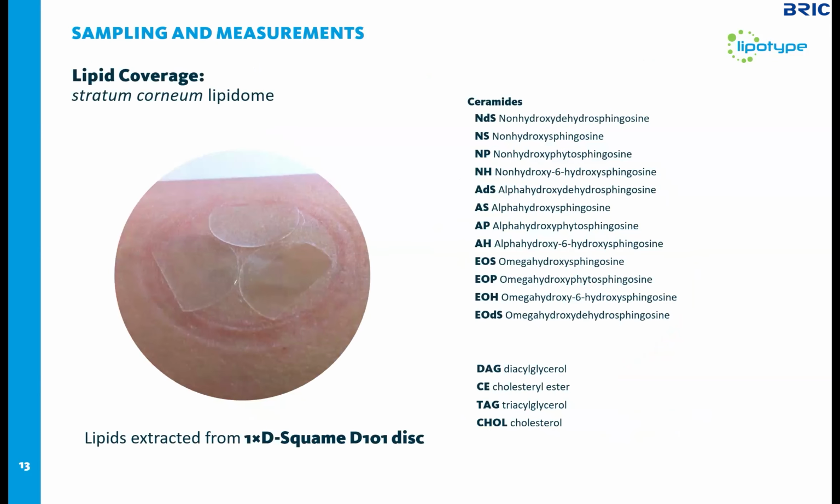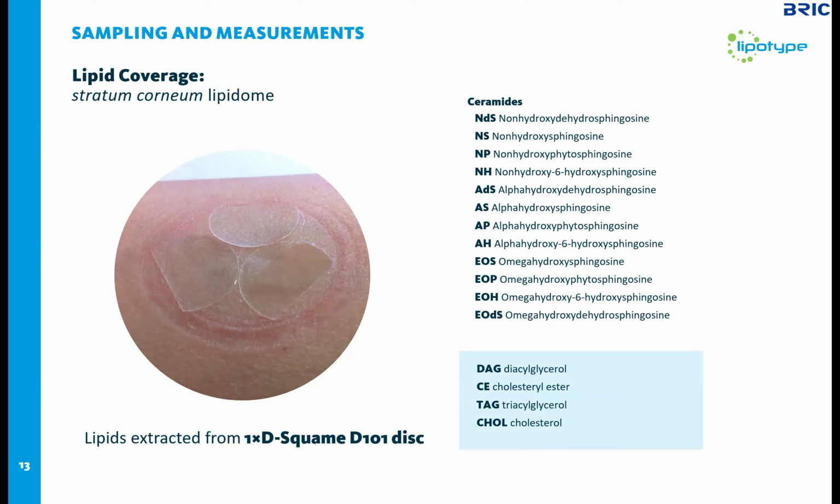So when we get this disc into our hands, we do perform lipid extraction, and then there is a step of lipid identification with mass spectrometry. As an output of this endeavor, it is possible to quantify not only ceramides, but also other lipids that are present in epidermis.